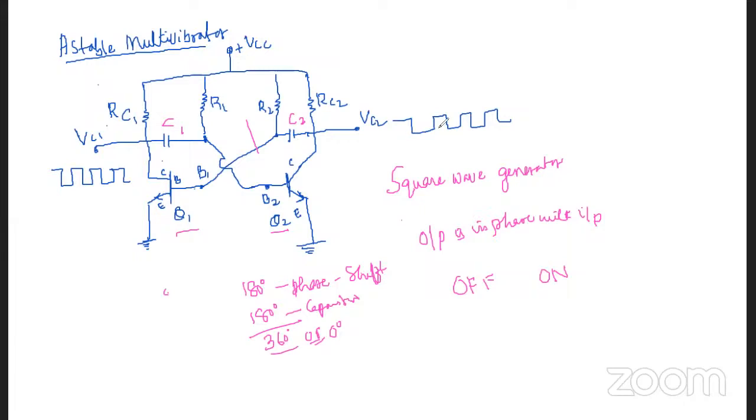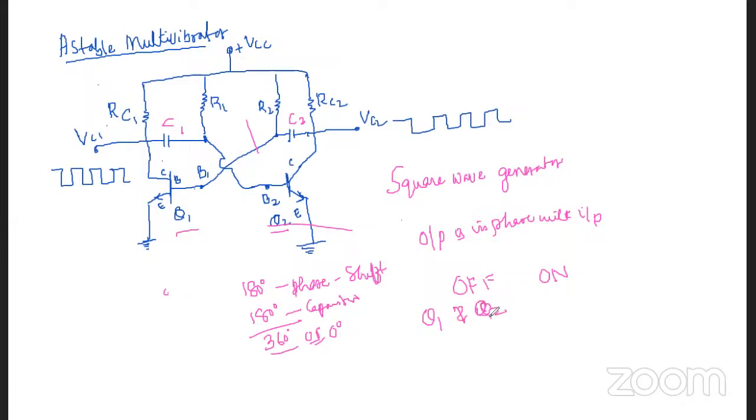Okay. So now if you see the operation of this astable multivibrator, here we assume that both the transistors, transistor 1 and transistor 2, are identical. But two things cannot be exactly the same. So actually we assume that Q1 and Q2 are identical.